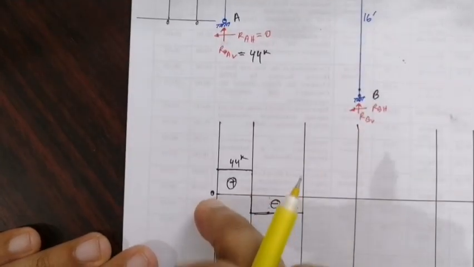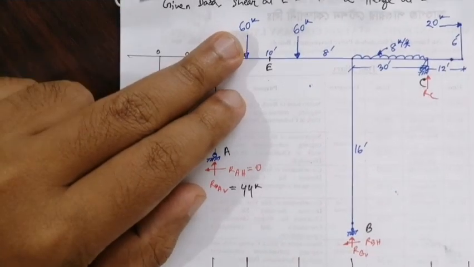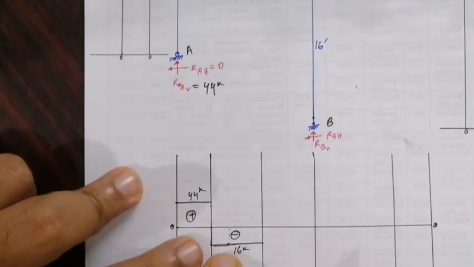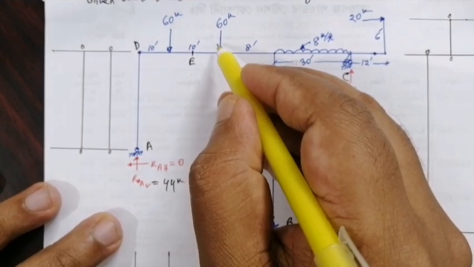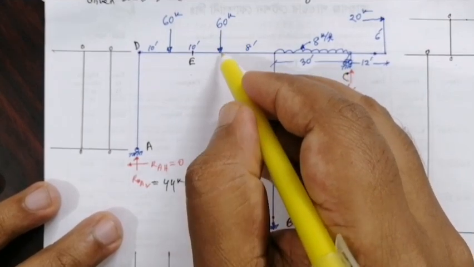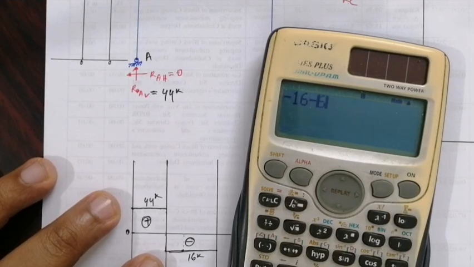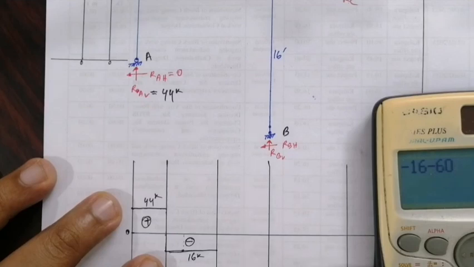So upward 44 kip going to minus 16 kip downward, a 16 kip difference, minus 16 kip here, and here is also minus 16 kip, and here we see the 60 kip downward. Both are negative, minus 16 minus 60, going to minus 76.